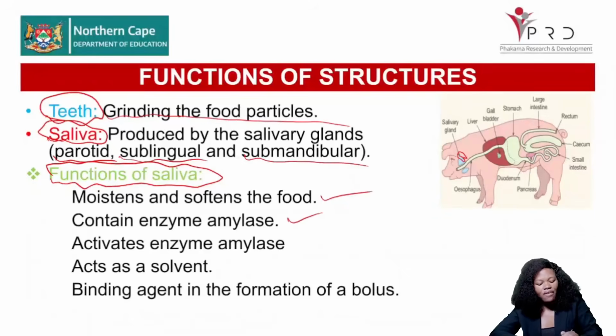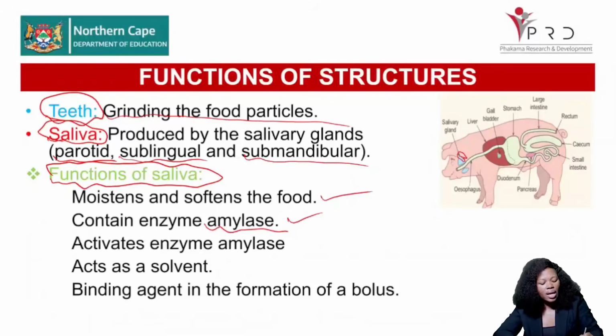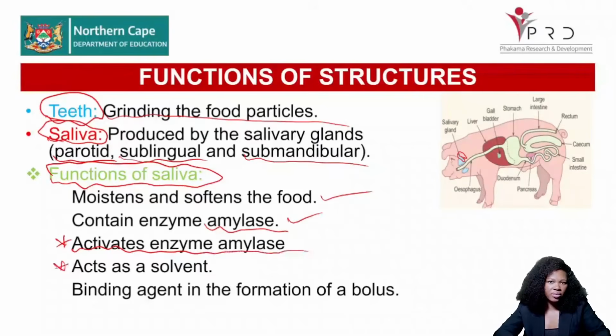Secondly, the saliva of a pig, only the pig, please take note, contains an enzyme called amylase, and the saliva is also responsible for the activation of this enzyme. The fourth function is that it acts as a solvent. And the last function is that it acts as a binding agent in the formation of a bolus.